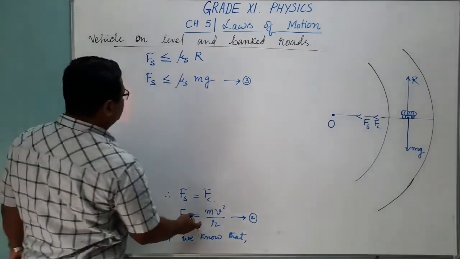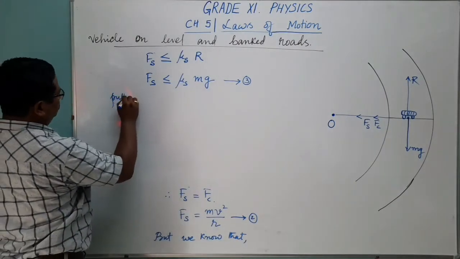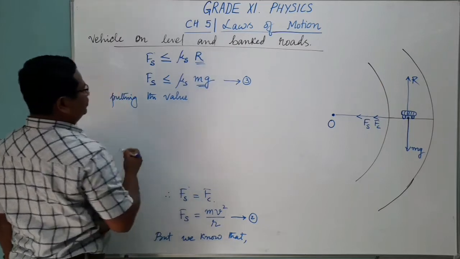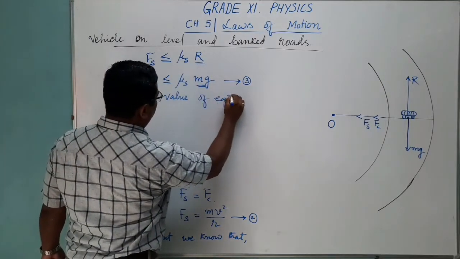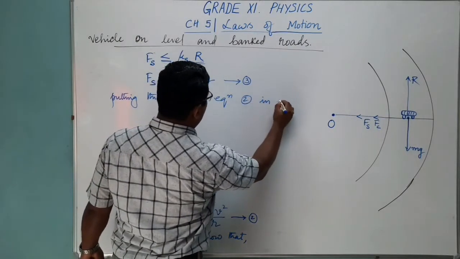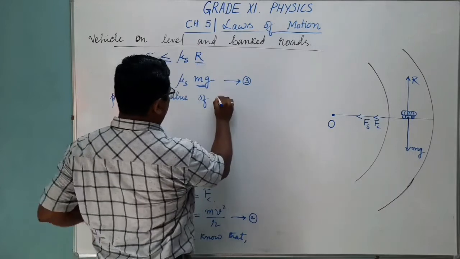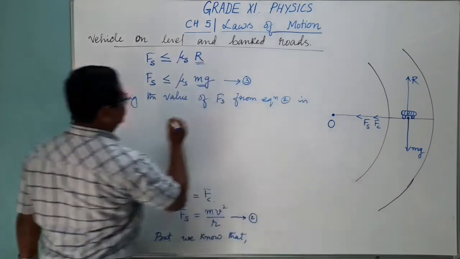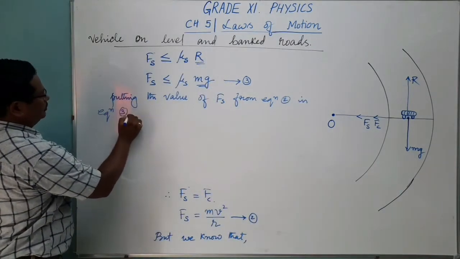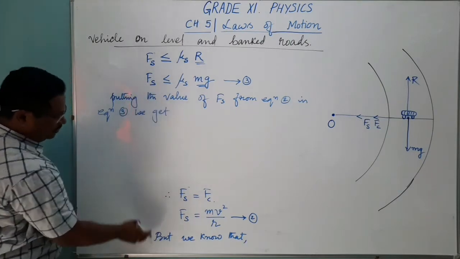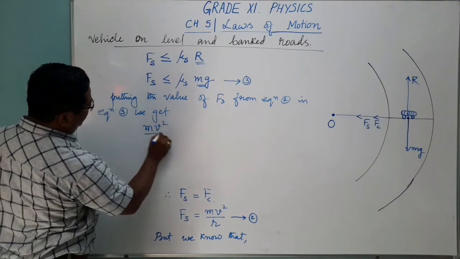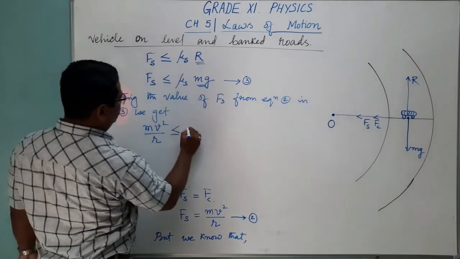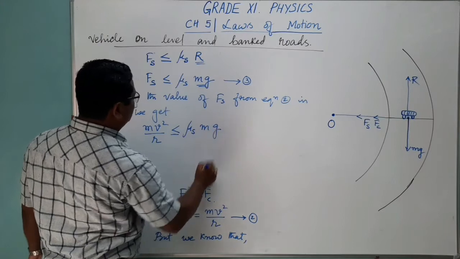Now putting the value of Fs from equation 2 in equation 3, and R is equal to mg, we get mv squared divided by r is less than or equal to μs m g.